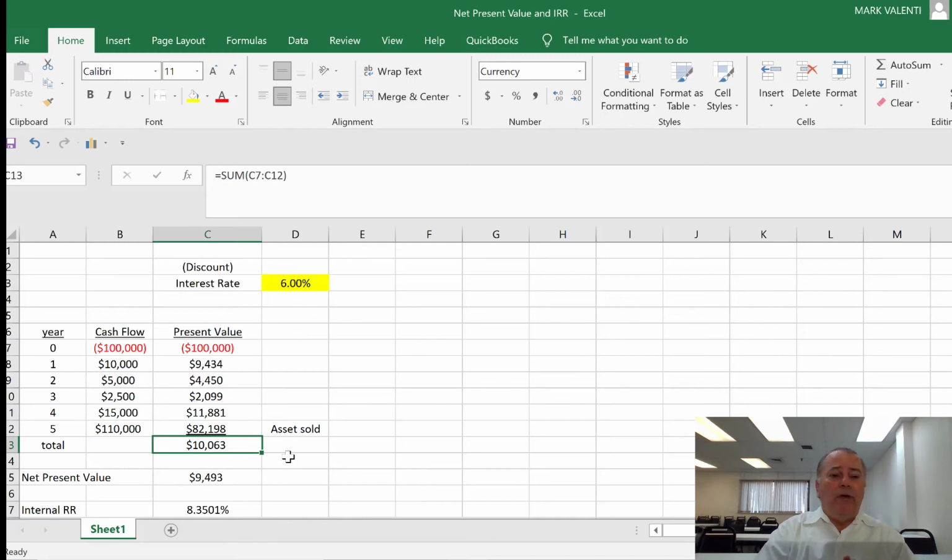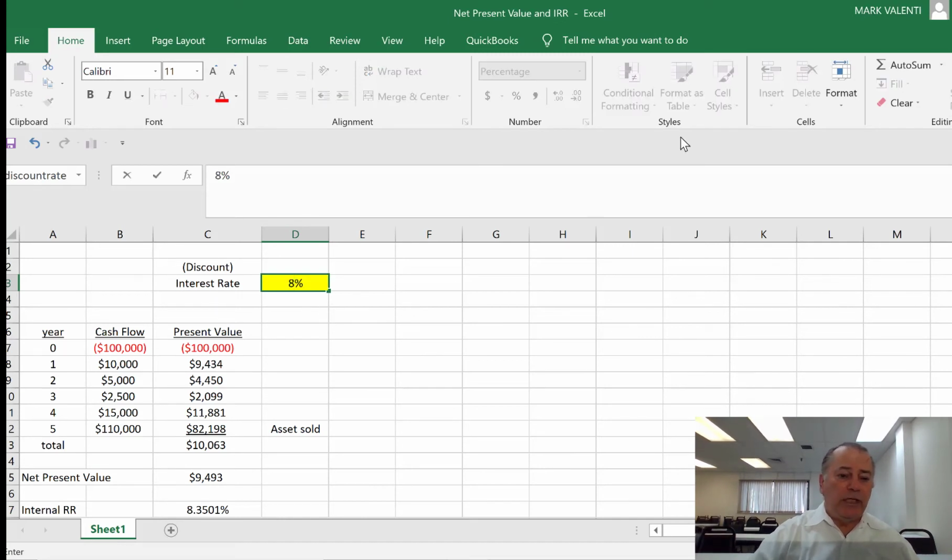internal rate of return is a factor that, like I said earlier, is a trial and error type thing. You want to come up with 0 to find out what the actual internal rate of return is. So if we were to change this, now we're looking for a better rate of return than 6%.